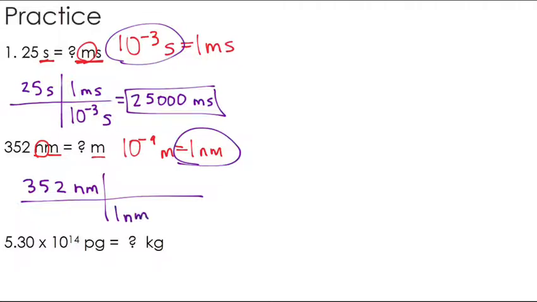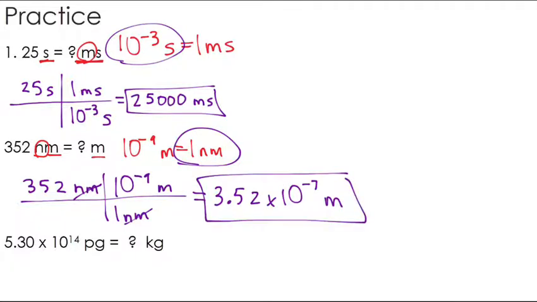I'm not sure why I keep forgetting my nano. And then 10 to the negative 9th meters. And when I put this in my calculator, my answer actually becomes 3.52 times 10 to the negative 7th. So, still scientific notation, because this number is so small that my calculator could not show me all of those digits. And I do need a meter unit on there to finish that up. But that's all that I need in my dimensional analysis.